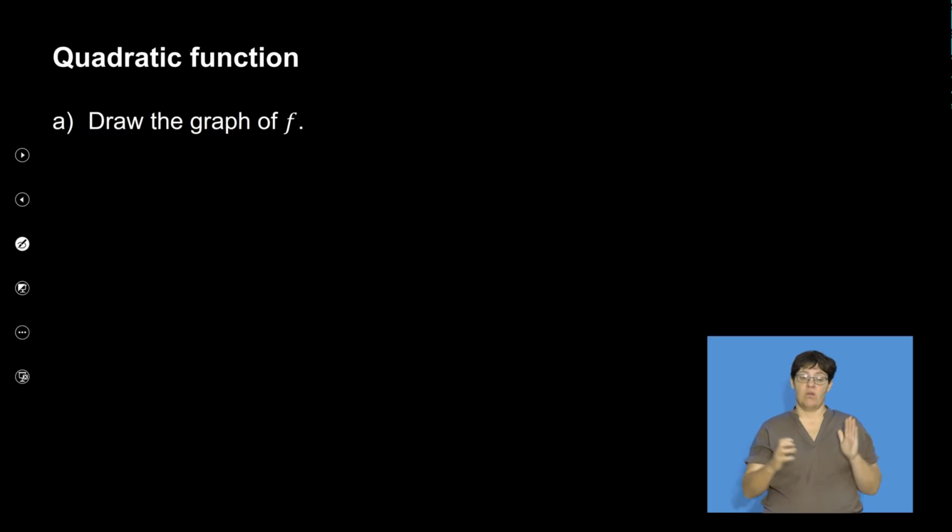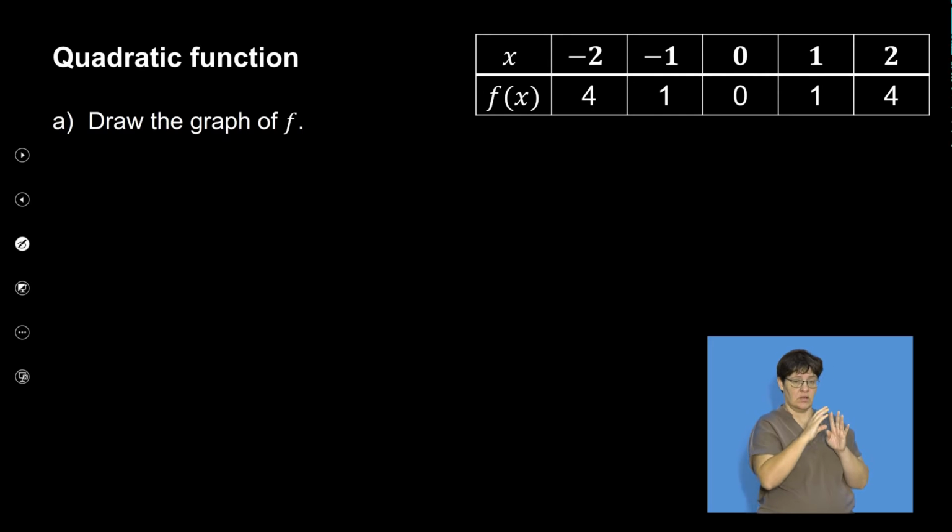To draw the graph, remember that the very first thing to always try and do is to find the table of values, where you choose your own inputs. You can take inputs from -2 up until +2, and then find the output values using the equation f of x equals x squared.